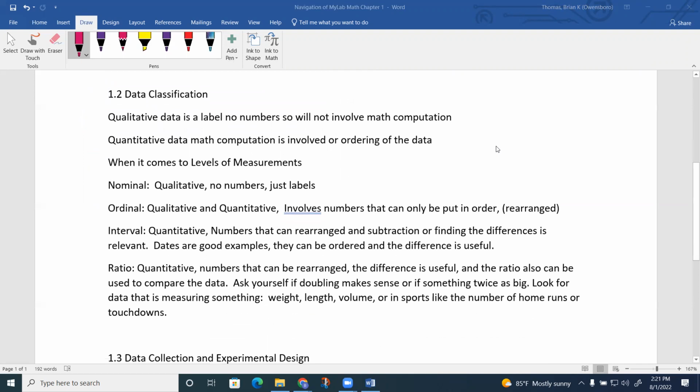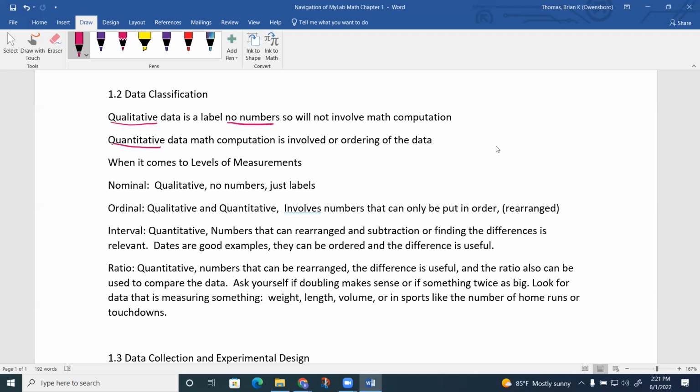So 1.2 starts to talk about data classification. In data classification, when we talk about data, there's going to be what's called qualitative data, and what's called quantitative data. Qualitative data is data that's really just a label. No numbers are going to be present, so there won't be any math to be used.